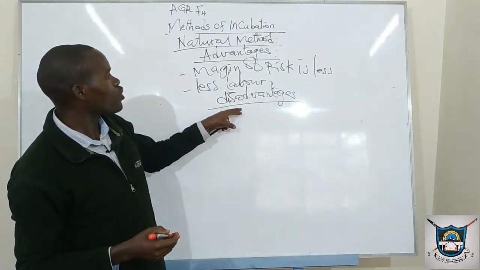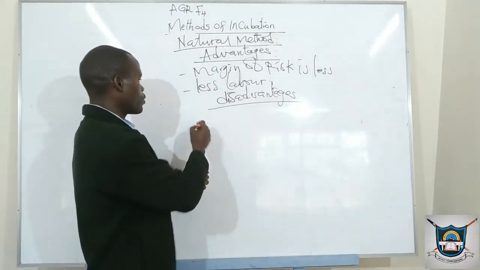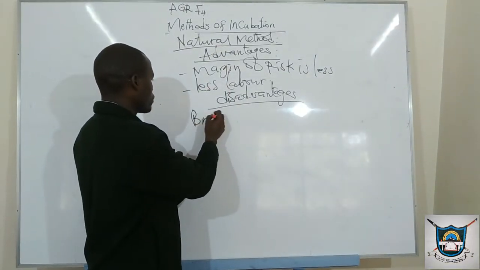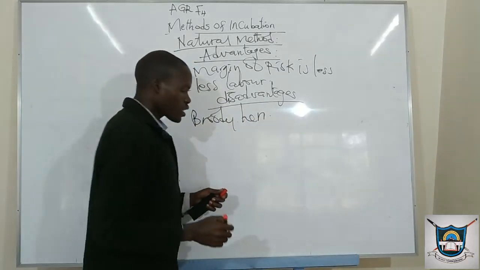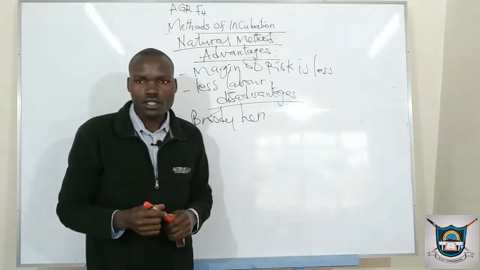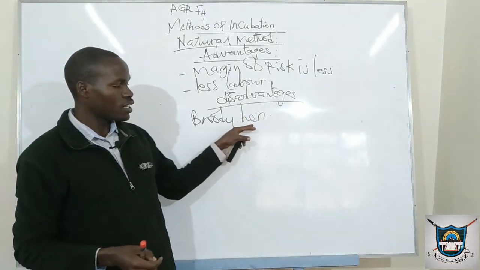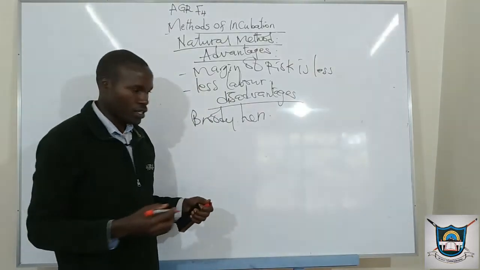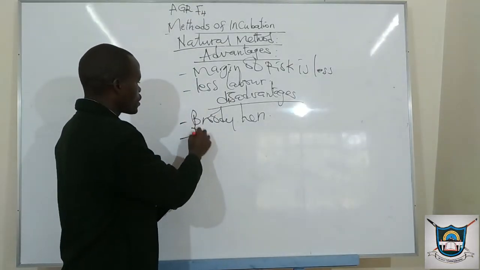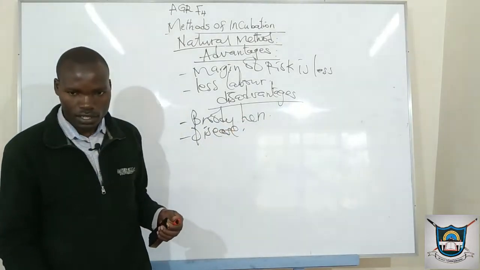Therefore, for the method to take place, the hen must be brooded, and the brood hen must be provided. That means even if the farmer has the eggs and there is no brood hen, then the method cannot take place. The other thing is the case of diseases and parasites.